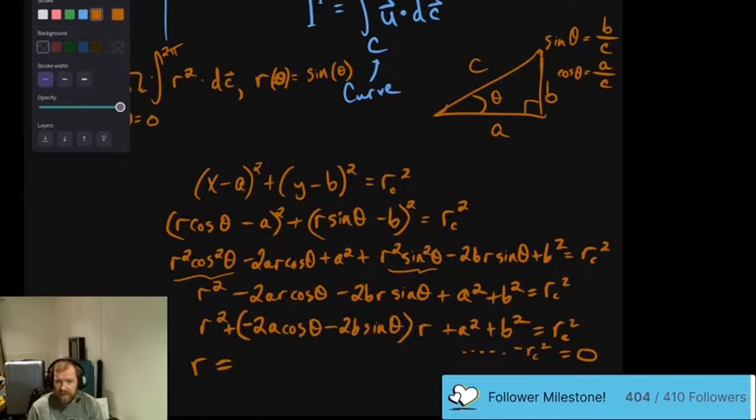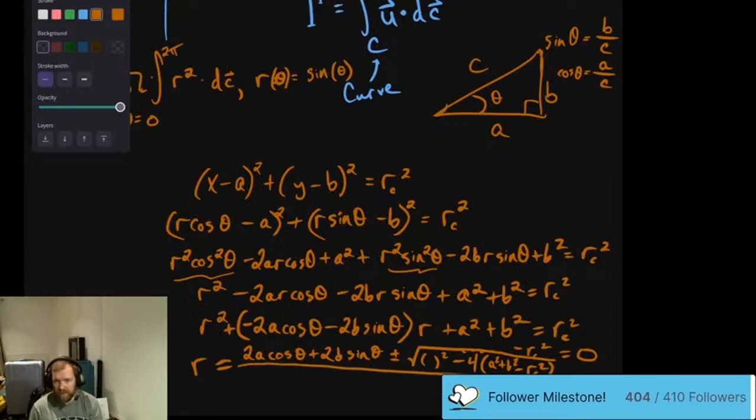So this is going to be negative b, so 2a cosine theta plus 2b sine theta plus or minus the square root of that grossness squared minus 4 times 1 times c, a squared plus b squared minus r_c squared, all over 2. Yay!